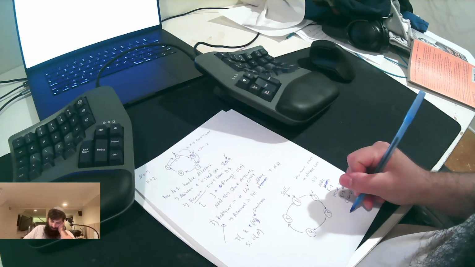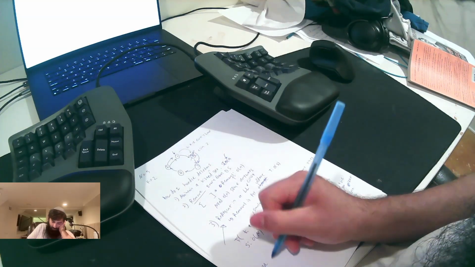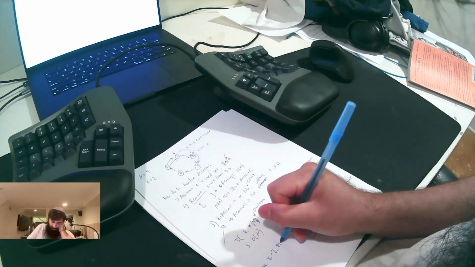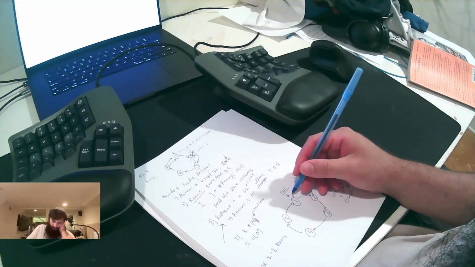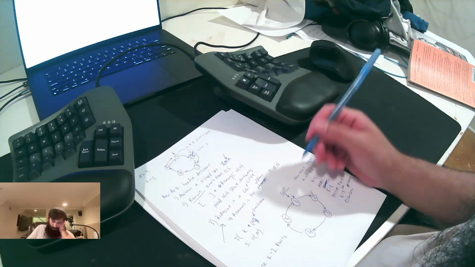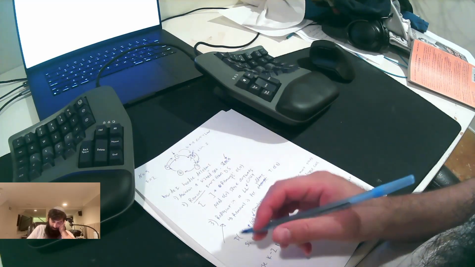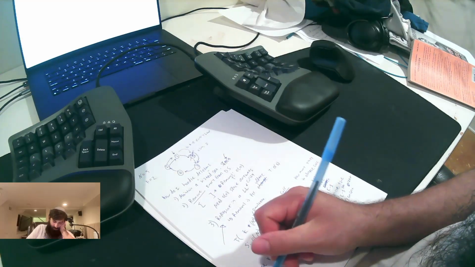So really, number 1 is traverse k minus 2 places. In this case, I'm not actually moving anything if k is 2. So that's number 1.